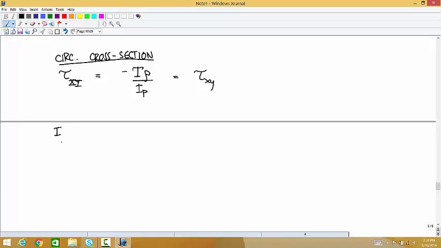I sub P is equal to pi over 2 times the outer radius to the 4th minus the inner radius to the 4th, and that is 0.01664 meters to the 4th.